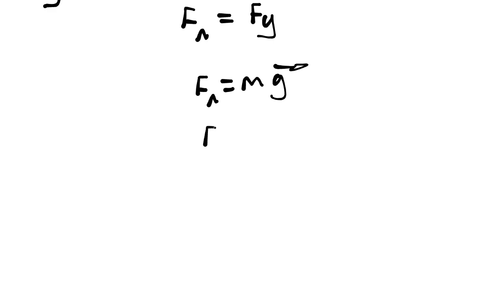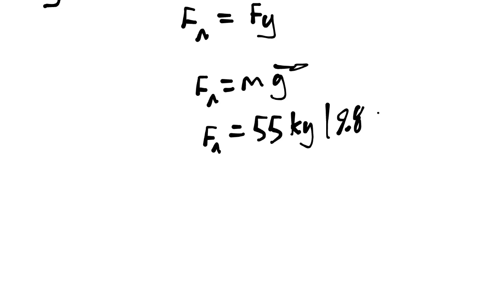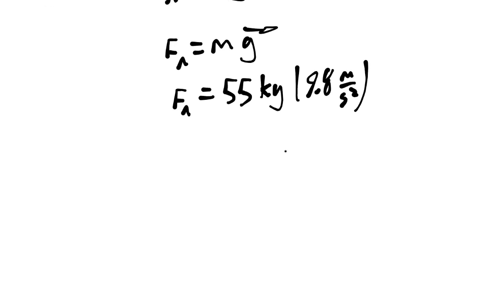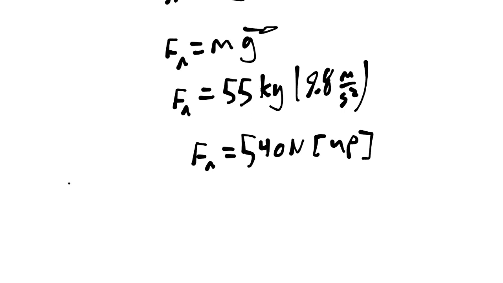So 55 kilograms times 9.8 meters a second squared, that is the acceleration due to gravity. You should get about 539 newtons, so I'll just round it to about 540 newtons. And of course, up is the direction. So that is how you do number one.